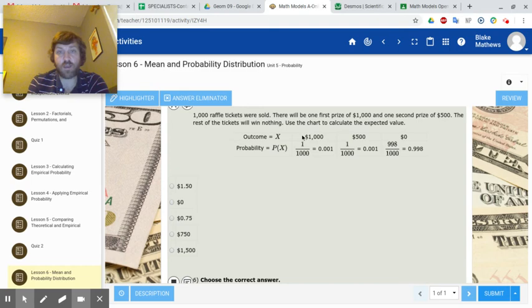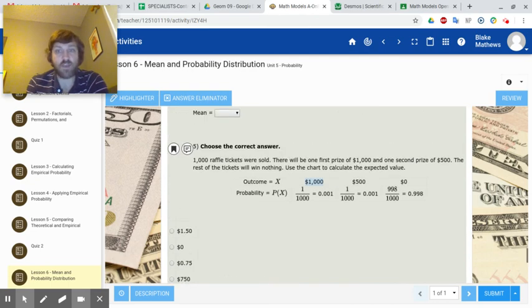Like in this one, 1,000 times 0.001 plus 500 times 0.001 plus 0 times 0.998. And that's going to be the expected value. So there, you're just going to add each one of those things together.